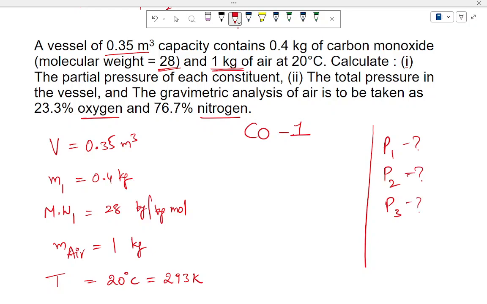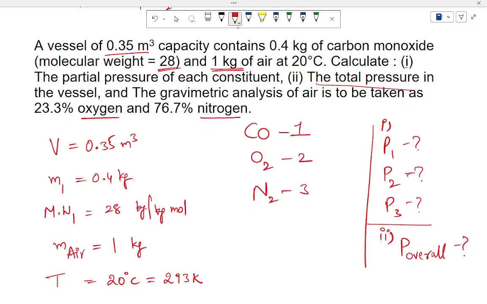I will call the oxygen as 2 and the nitrogen as 3 in this question. So P1, P2, P3 he is asking, and he is also asking the overall pressure, the total pressure, in the second question.